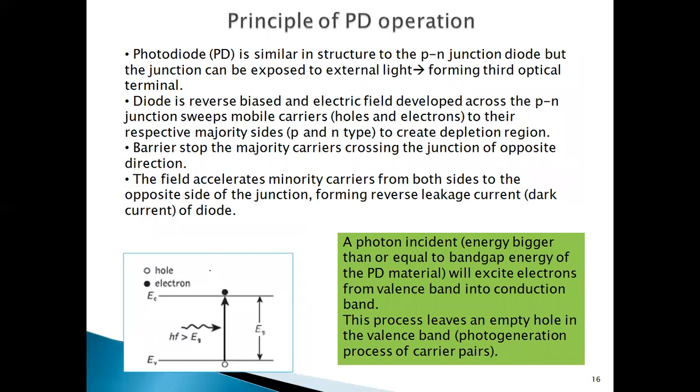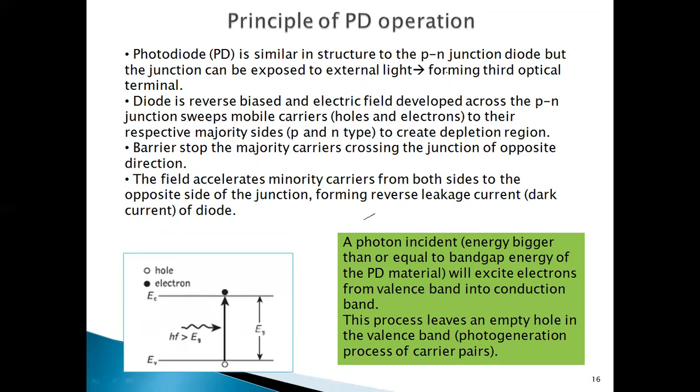Right, so now we're going to proceed with the principle of operation for the photodiode. As I mentioned before in the first part of lecture 9, the photodiode has a similar structure to the LED and the laser diode that we learned in chapter 7, which is simply a PN junction.